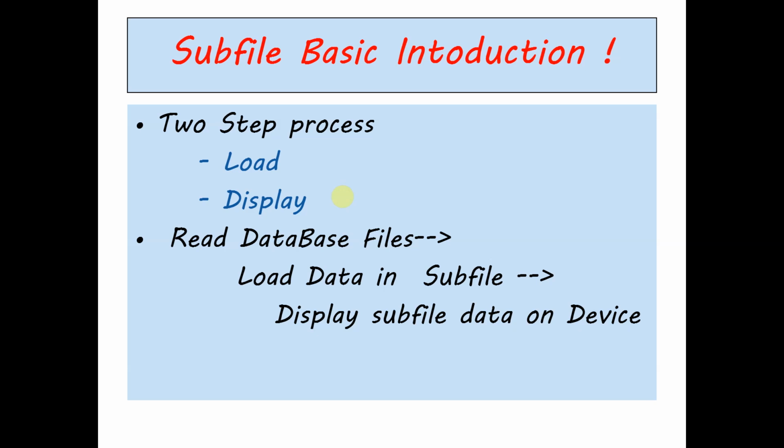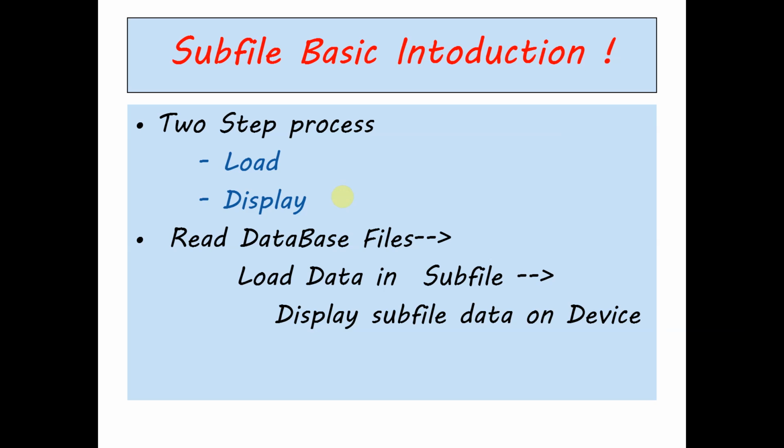So you are reading the data from the database file in your RPG program, then extracting that data into your work variables, or you are directly loading that data into the subfile. It means that you are reading the database file, extracting the data from it, then loading that data into the subfile, and then displaying the subfile data on your device, on your screen. So this is the flow of a subfile process.